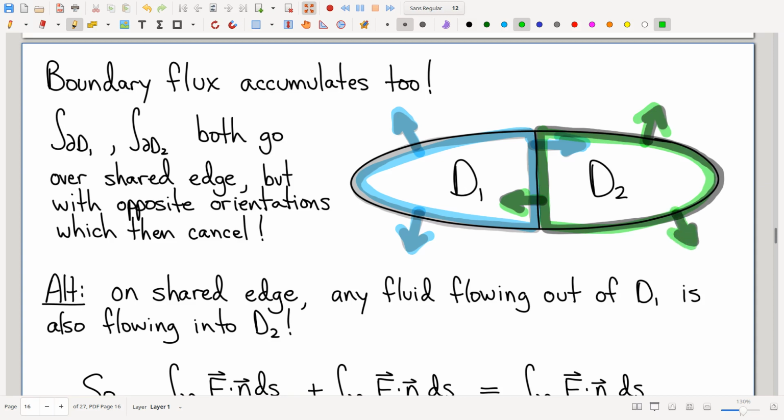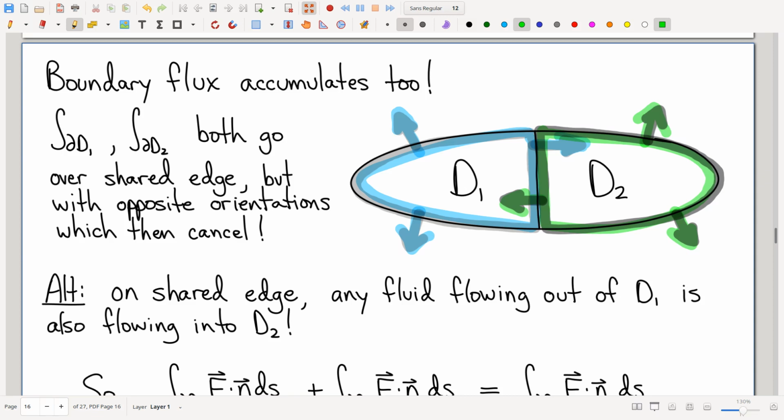you're going to notice, analogous to what we saw with the circulation business, that there is this shared edge where I sliced it, right? And yes, that's going to be part of the boundary of D1 integral, but oriented that way. But it's also going to be part of the boundary of D2 integral, but oriented the other way. Same edge, twice, with opposite orientations, and they cancel.